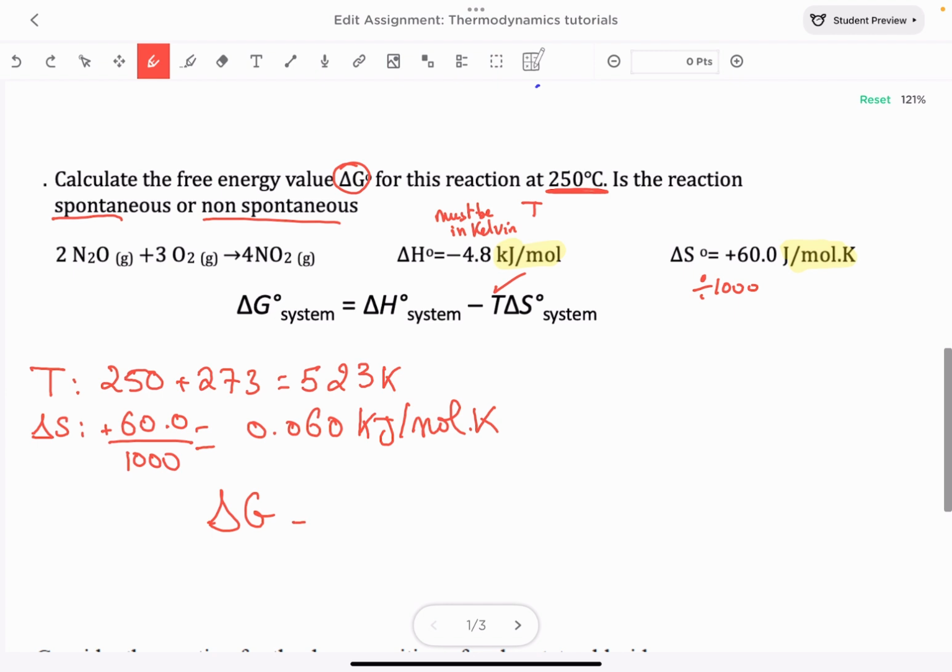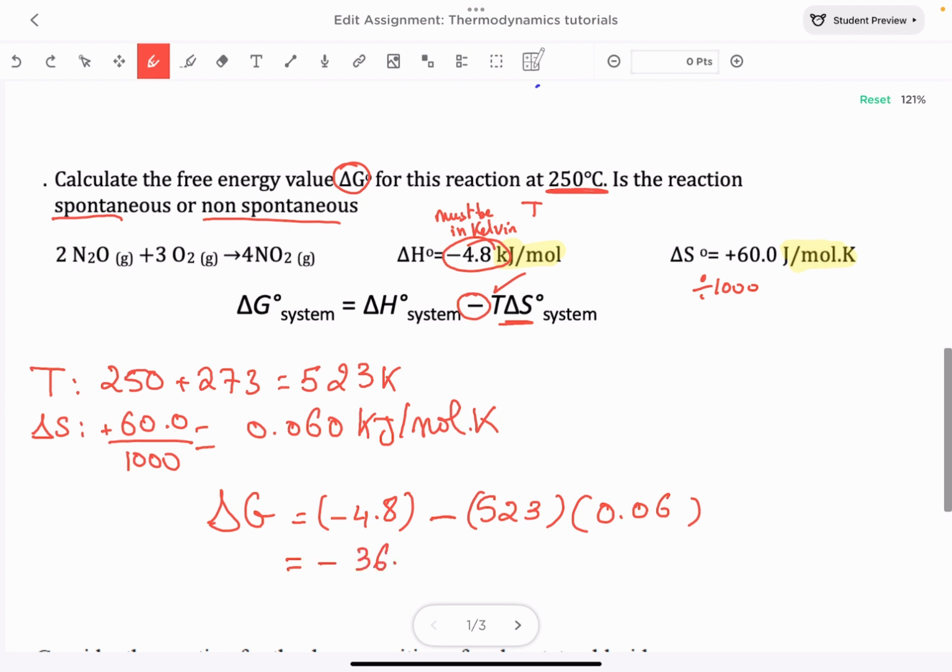Delta G is equal to delta H, negative 4.8, minus, now I have the temperature 523 and I have the entropy after converting it, 0.06. So the answer is going to be negative 36.